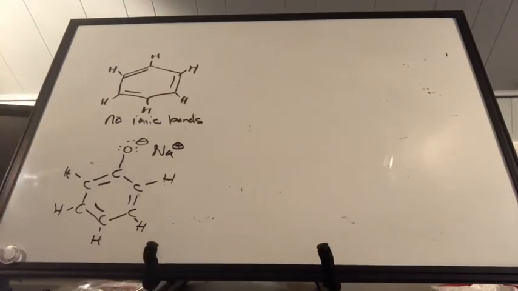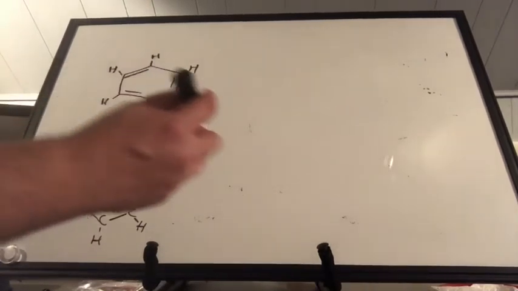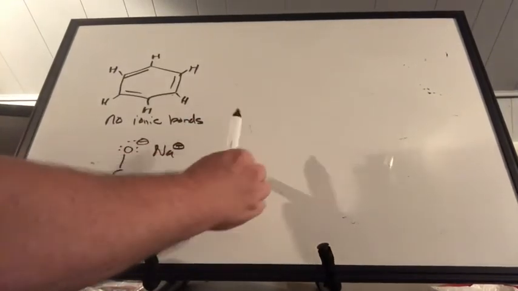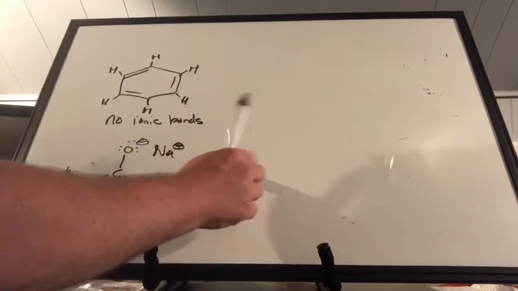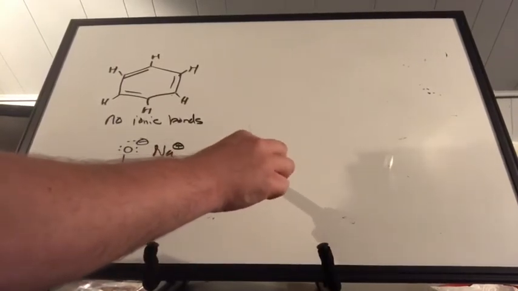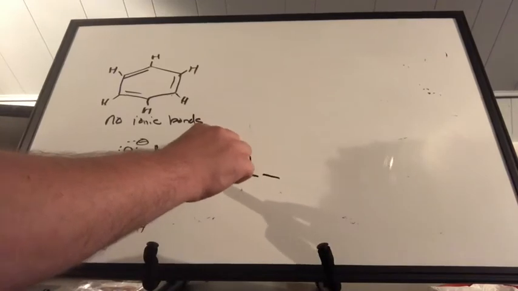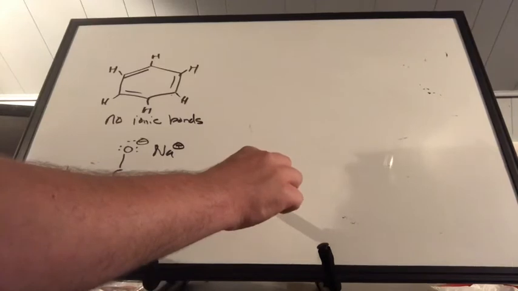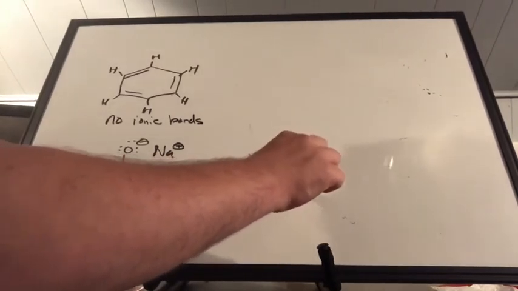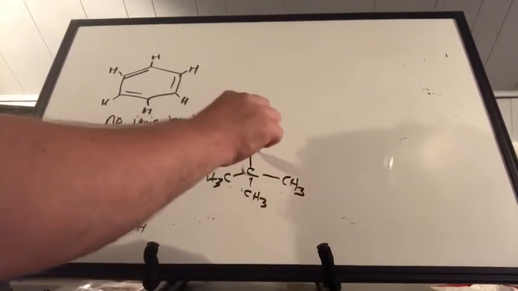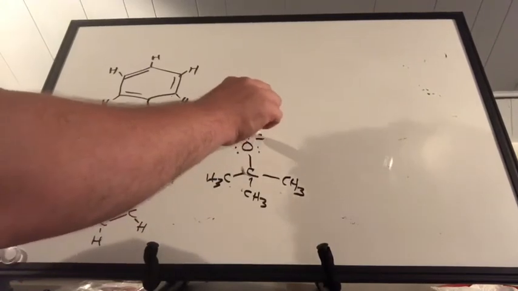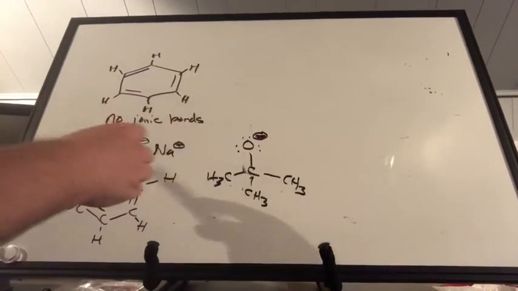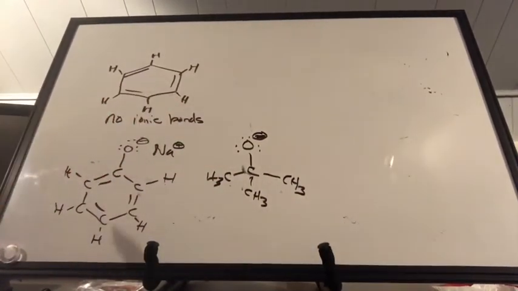Okay, and then potassium tert-butoxide. Okay, so that's kind of a mouthful, right? We're going to have carbon, which is going to be attached to 3 methyl groups. So this oxide, alkoxide anions are what you're going to see right here.